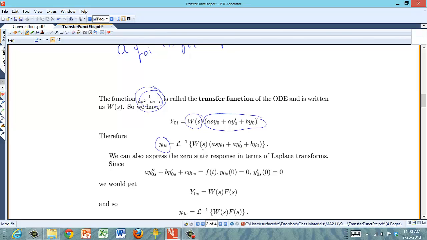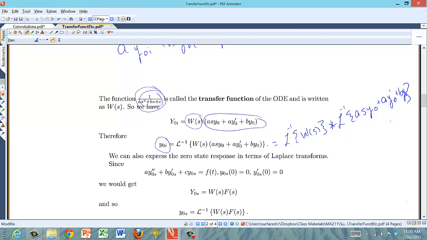So I have the inverse Laplace transform of two things multiplied. I could write it as the inverse Laplace transform of the transfer function convolved with the inverse Laplace transform of this thing, A s y naught plus A y prime naught plus B y naught.